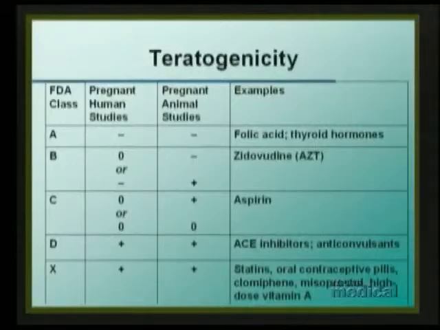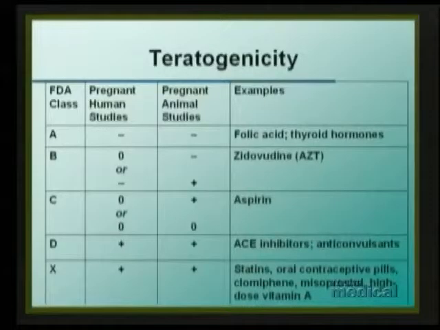The example given to you in the table is AZT. AZT is an antiviral drug used in HIV patients, and although we're not quite sure about the teratogenicity of AZT in most studies, the fact is AZT decreases vertical transmission from HIV mom to her child by over 80%. So irrespective of the actual finding, AZT would always be considered a great drug to give during pregnancy.